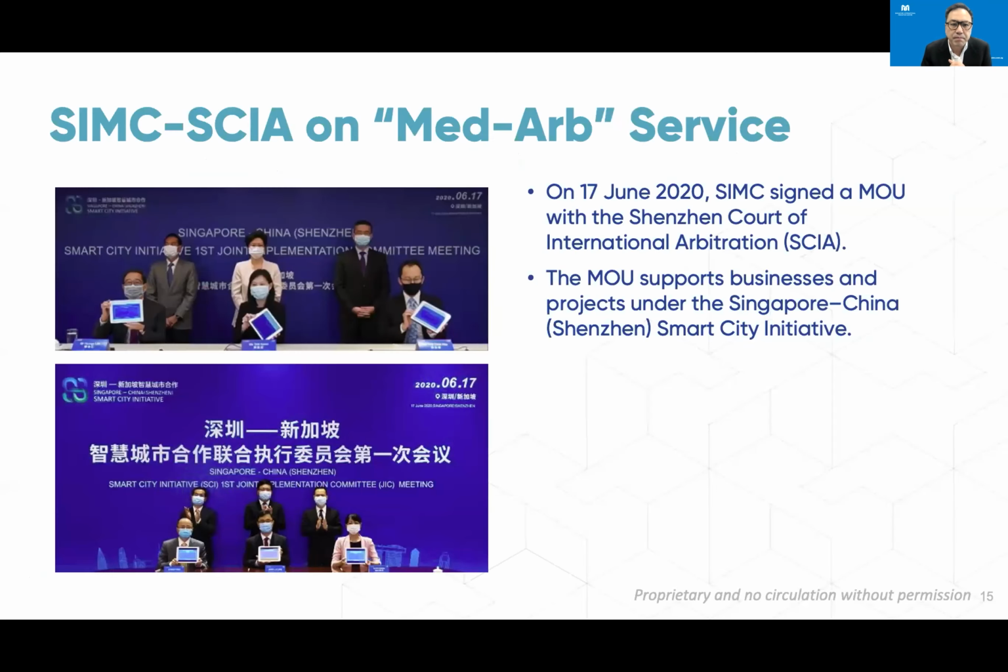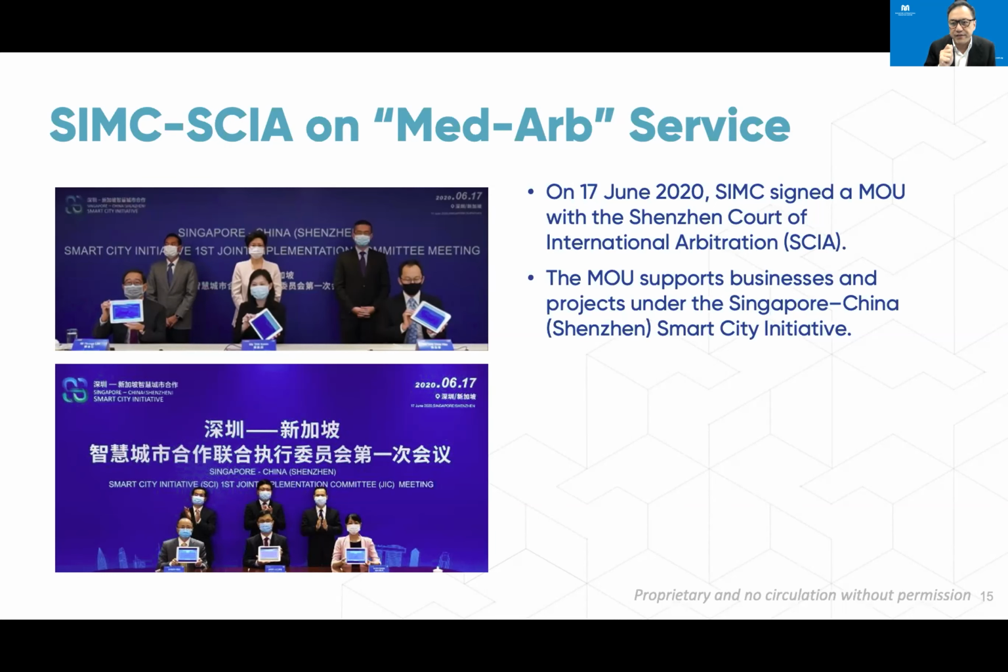Next chart. We also signed last year an MOU with the SCCIC, the Shenzhen Court of International Arbitration. This is very useful, I thought, to bring up, because this is the first time that an arbitral center has given recognition to a mediated agreement, not through arbitration, just by mediated agreement, for it to be enforceable in that center.